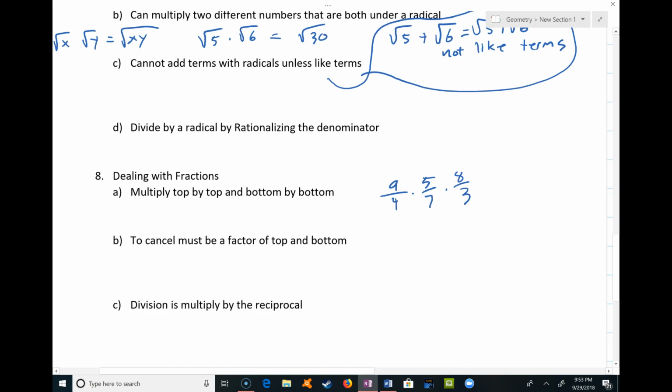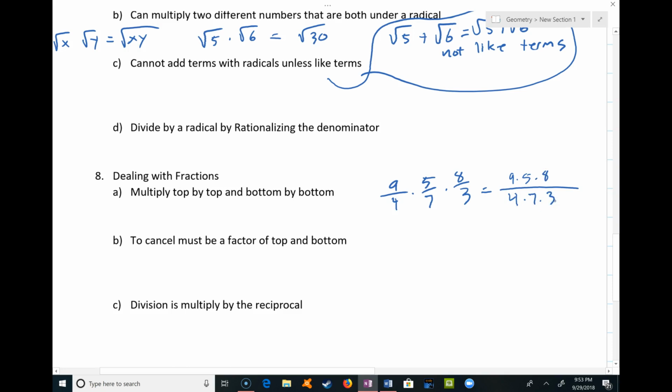Okay, this looks like we have 3 separate multiplication things, but the cool thing about fractions is that this turns into one big fraction where you have 9 times 5 times 8 and 4 times 7 times 3.